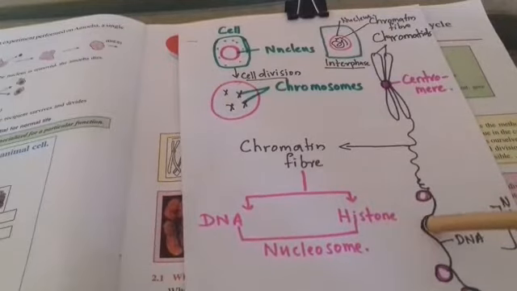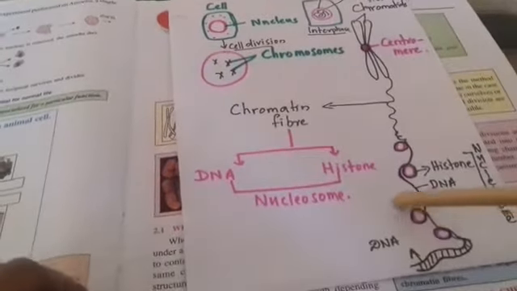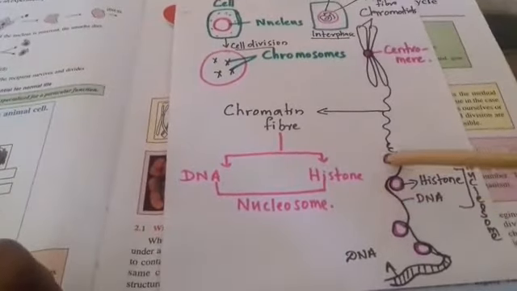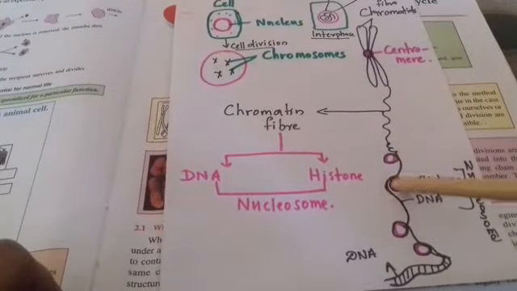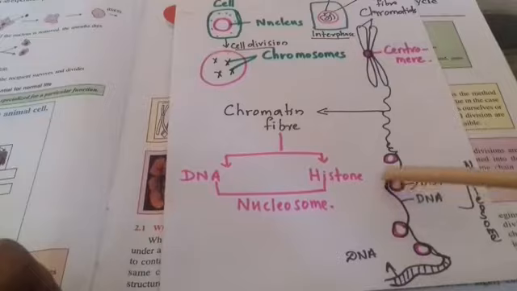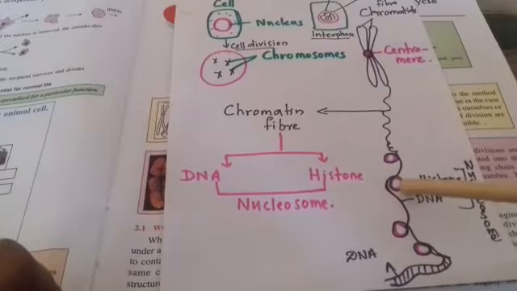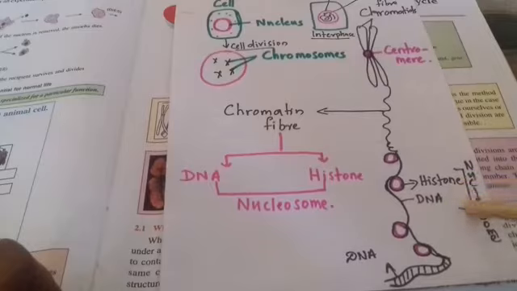So what is their arrangement? Here you can see the DNA strand is coiling around the histone molecules. Eight molecules of histone are wound by a DNA strand, and this forms a particular structure known as a nucleosome.